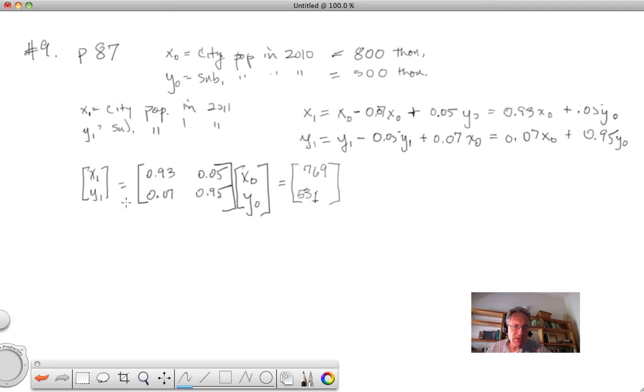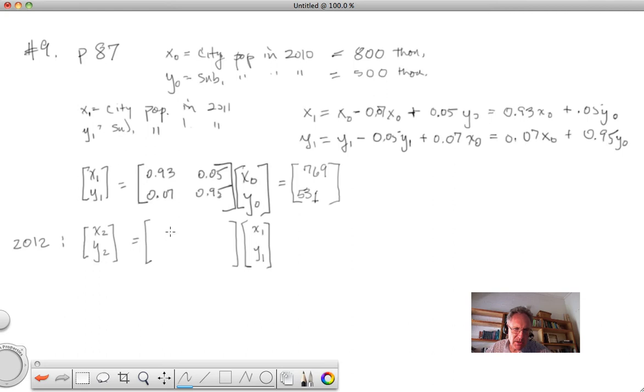The reason we want to write it that way is that it's pretty easy to see at this stage that x2, y2, the population distribution in 2012, is going to be calculated in exactly the same way. We will have, starting out, x1, y1 at the beginning of the year.